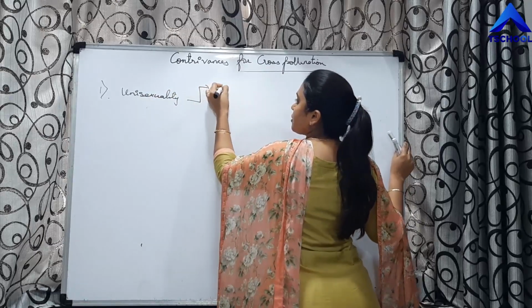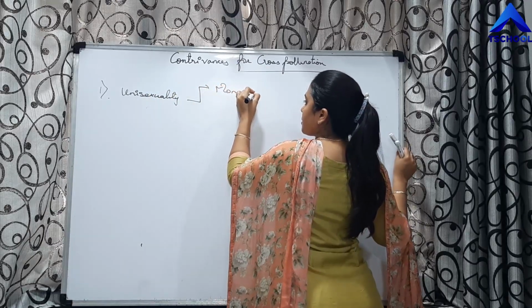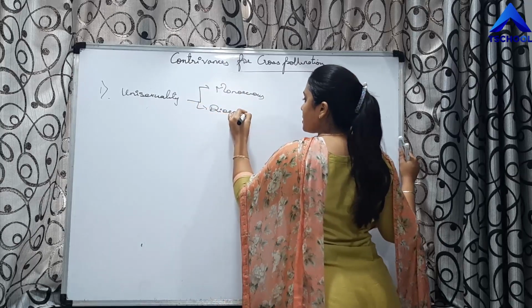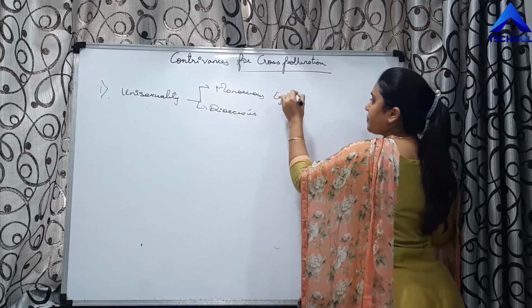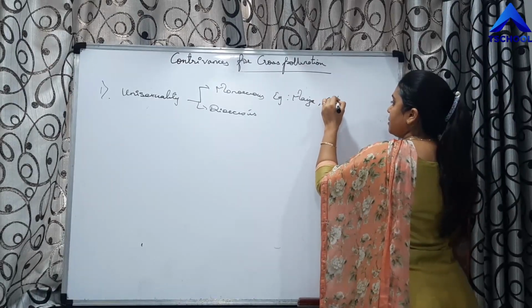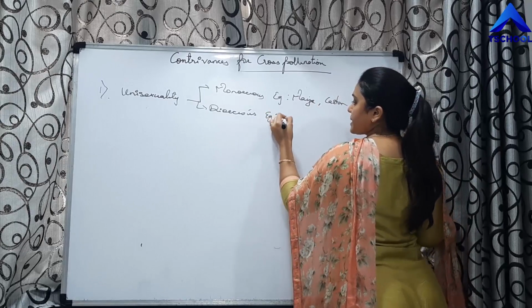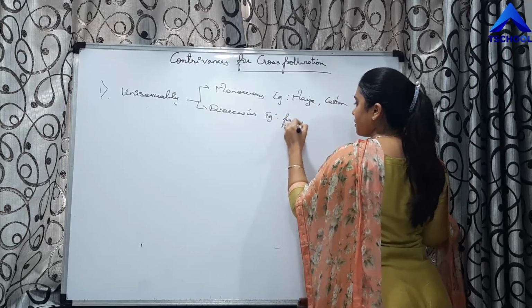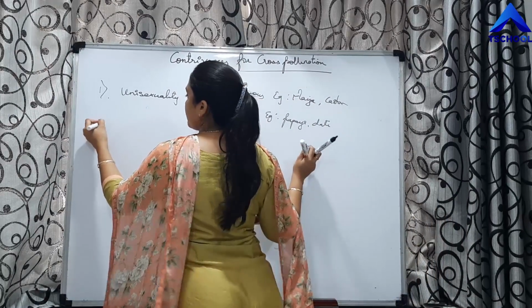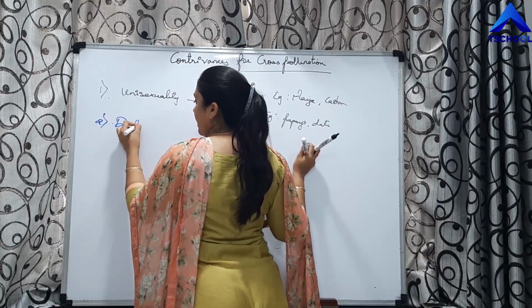The flower is either monoecious or dioecious. Example is maize and castor. Over here, example is papaya and date. Right? Then second is dichogamy.